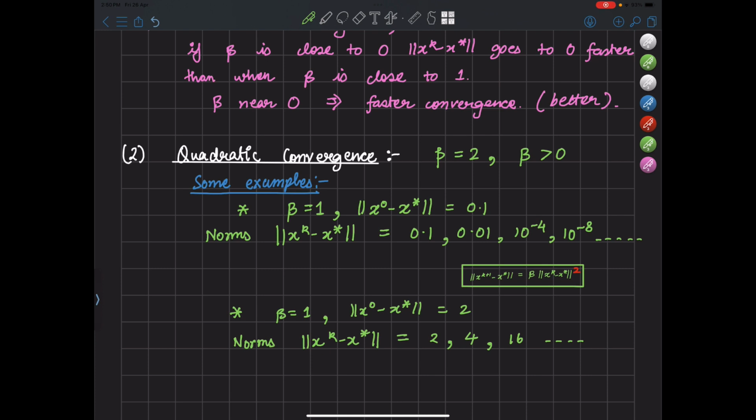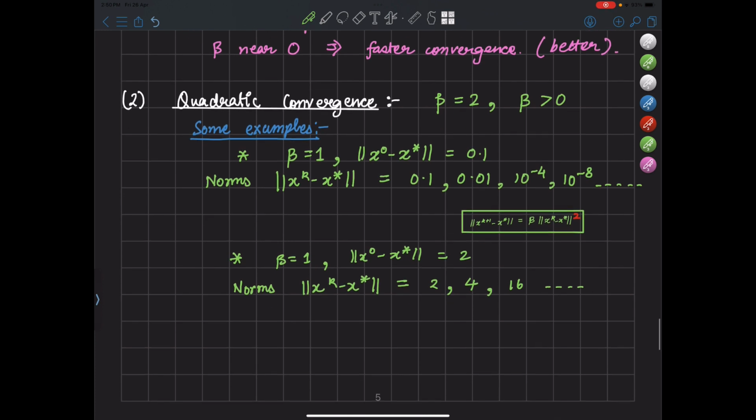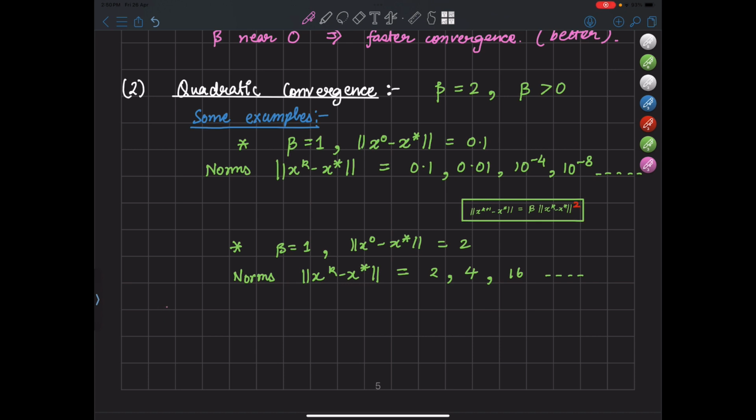So that is one problem with quadratic convergence, which we can write clearly here. Here beta is 1. Please note it can be anything greater than 0. So beta is greater than 0, and x naught minus x star should be less than 1 for convergence.